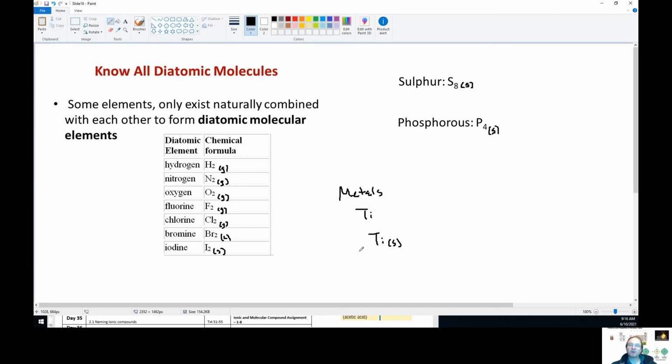It's not Ti4, it's not Ti20, it's not Ti2, it's just a single atom, whereas these ones have to exist as 2 atoms or a diatomic molecule, right? A molecule is 2 or more atoms bonded together, but we only have the 2. Well, it's a tiny molecule.